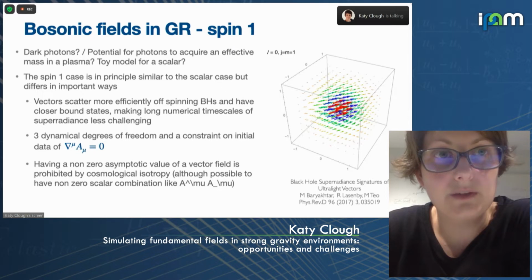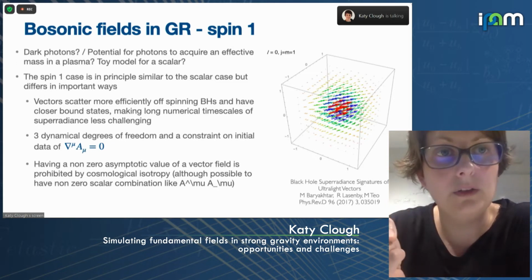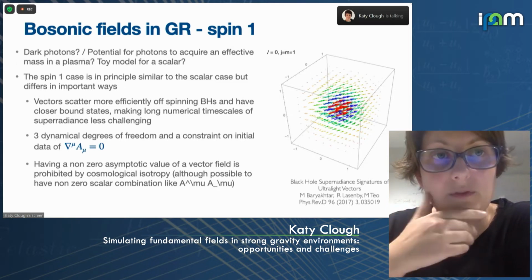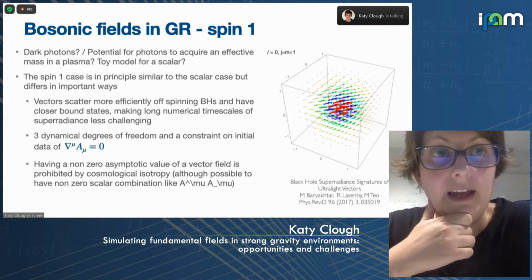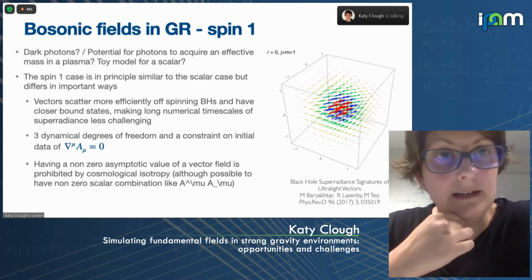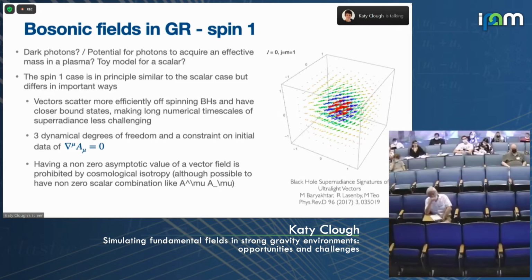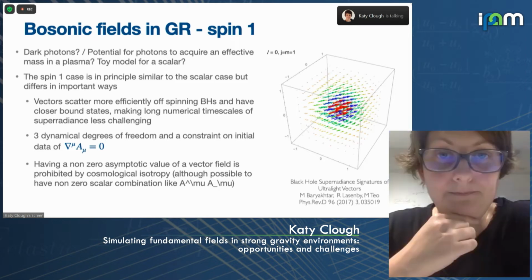So this process of superradiance happens much more quickly on the typical timescale of the black hole, say the light crossing time of the black hole, compared to the scalar case. And that actually makes the difference between being able to simulate it in a time domain simulation and basically not being able to see anything within the timescale of the simulation. So they're very important for that reason.